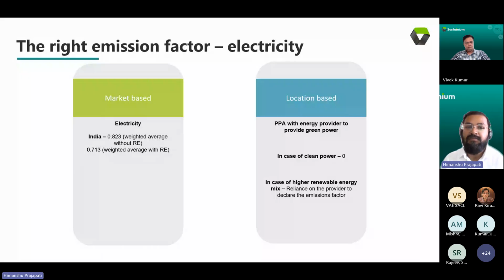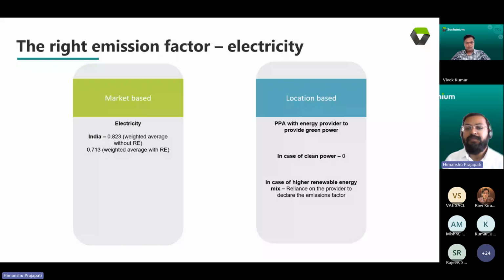When you talk about market based, it could be that you're getting the power from a power purchase agreement, and in that case, it can be entirely clean power. So it could be zero emissions because it is entirely coming from wind power or, let's suppose, solar power.